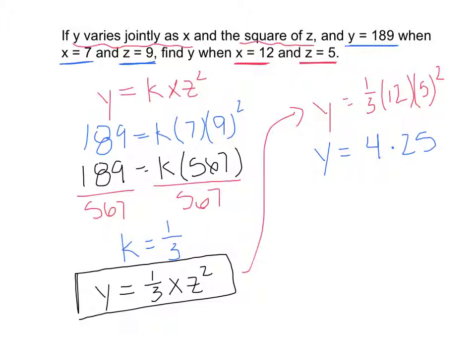So y equals 100. How did I get 4 and 25? Well, 4 was 1/3 times 12, and 5 squared is 25. You could first do 12 times 25 and then divide it by 3, but you're going to wind up at the same answer. So combined and joint variation just take what you already know about inverse variation and direct variation and apply them to a little bit more complex situations or use them in the same problem.